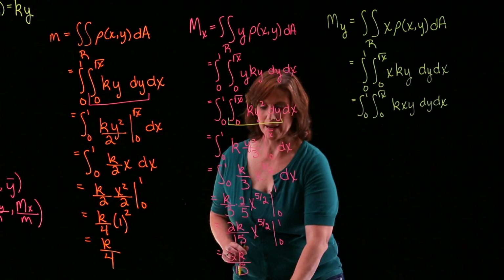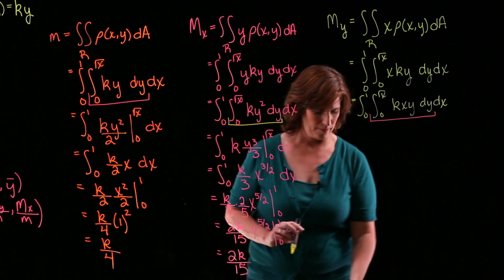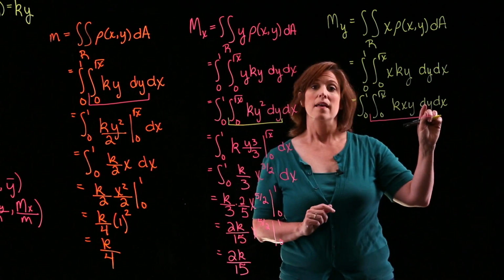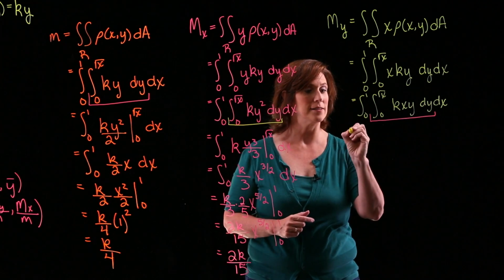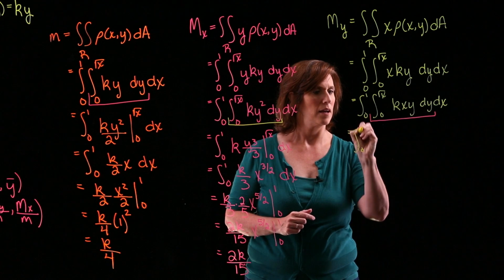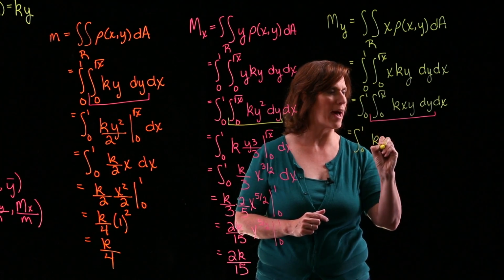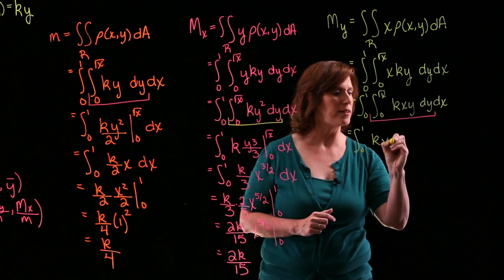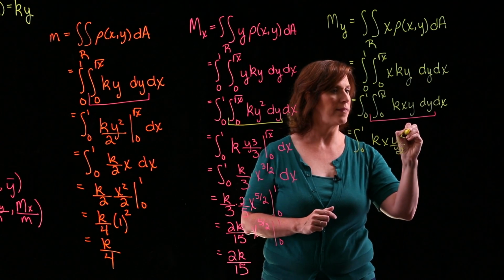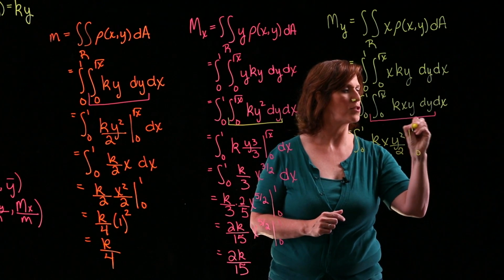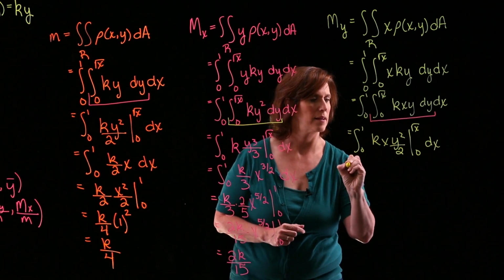All right, so now I'm ready to integrate, and I'll start with the inside integral. The variable of integration is y, so I'll treat x as if it's a constant. So I will have kx as a constant that pulls out, and the integral of y is y squared divided by 2. I can evaluate this from 0 to the square root of x dx.